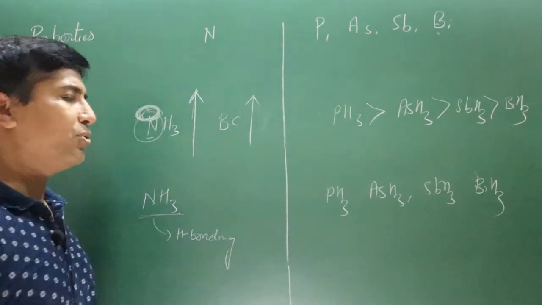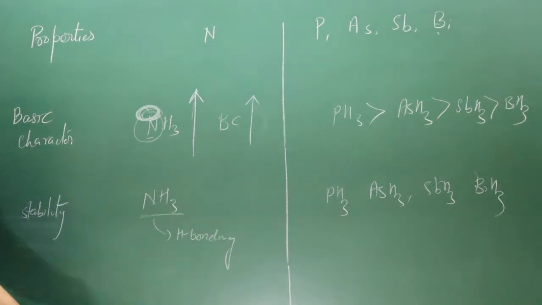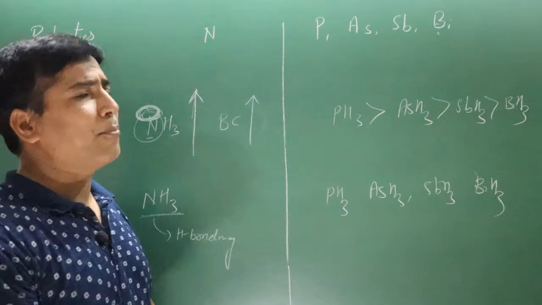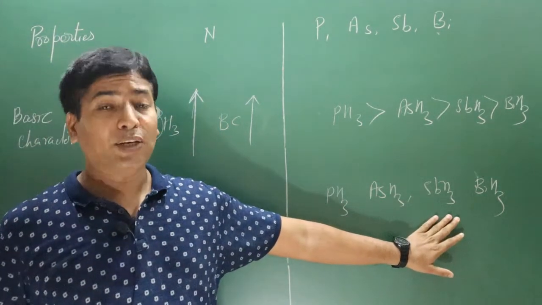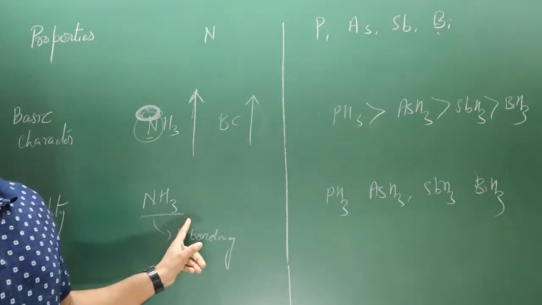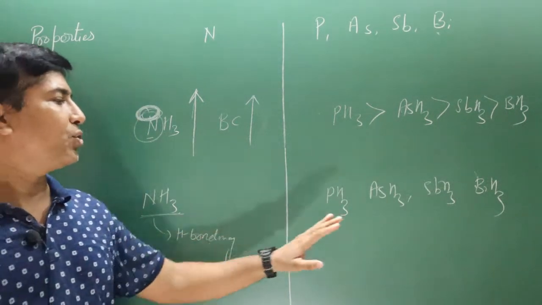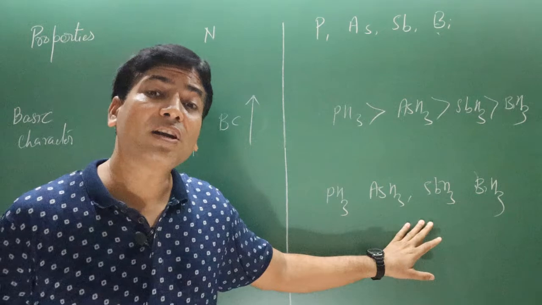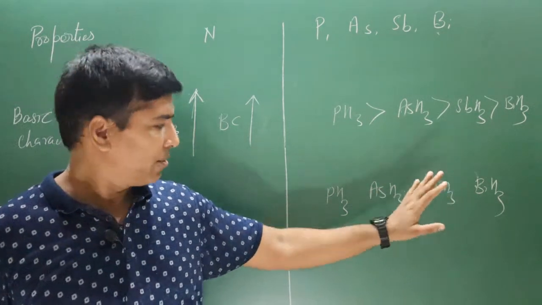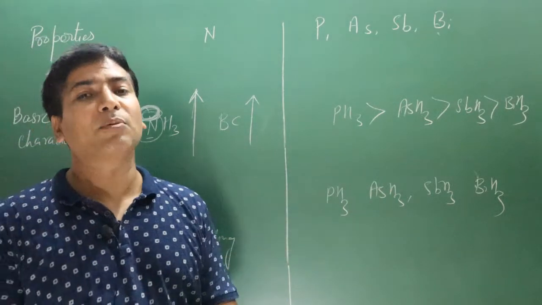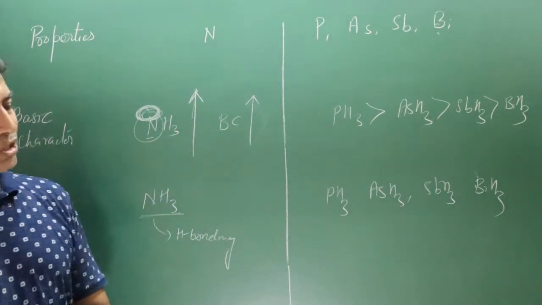Due to the absence of hydrogen bonding, they are less stable. Ammonia is comparatively more stable than these hydrides because it has hydrogen bonding. They all have intermolecular force, but hydrogen bonding is the dominating intermolecular force. That's why it is more stable.